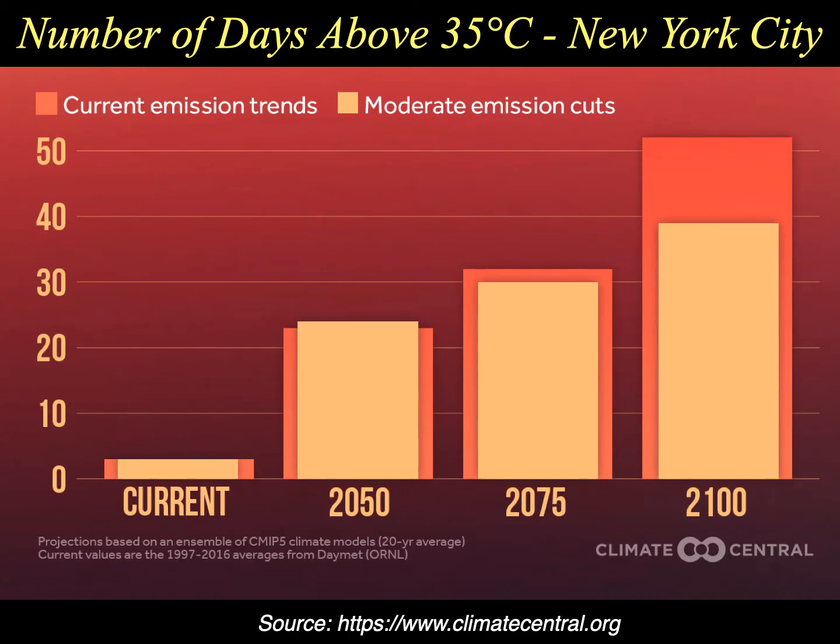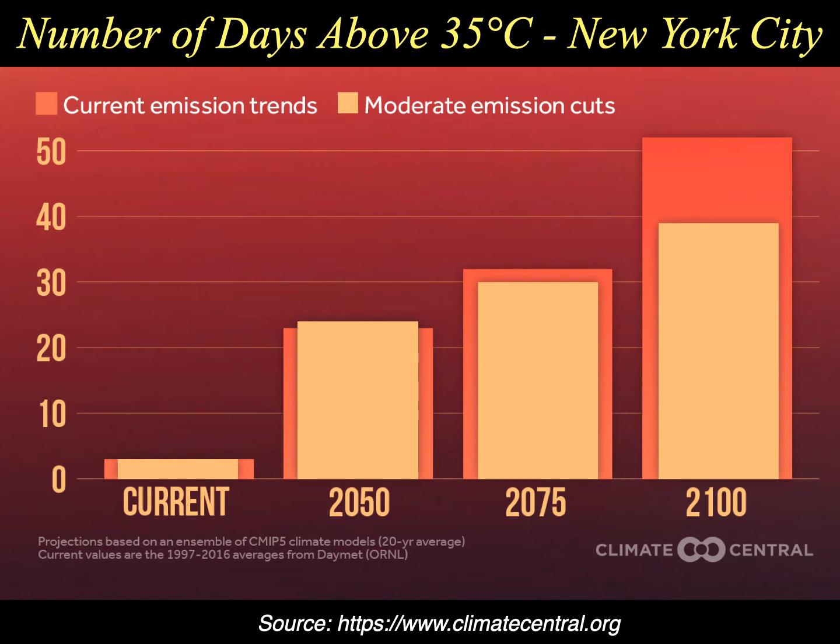Here's a nice graphic from a website called Climate Central, and it looks at how climate change will alter certain characteristics of locations. We're looking at New York City, and the climate characteristic is days above 35 degrees Celsius. On the far left, we see the current situation.